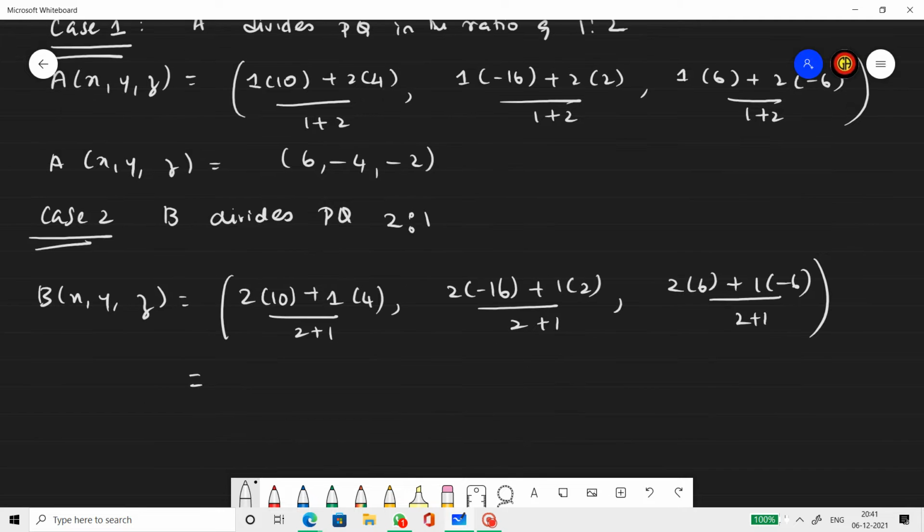And if you simplify this, you will get 8, comma, minus 10, comma, 2 as the coordinates of B.